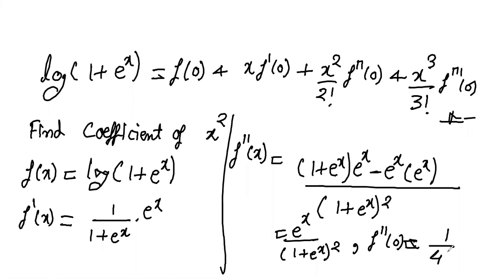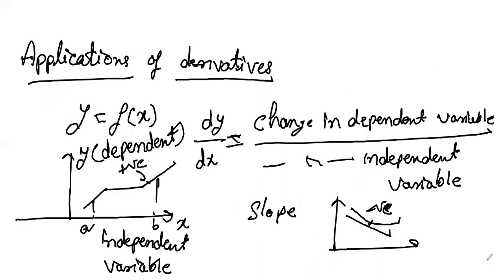They ask the coefficient of x square, so 1 upon 2 factorial more will come. So it is 1 by 4 into 1 by 2 is 1 by 8. Good.